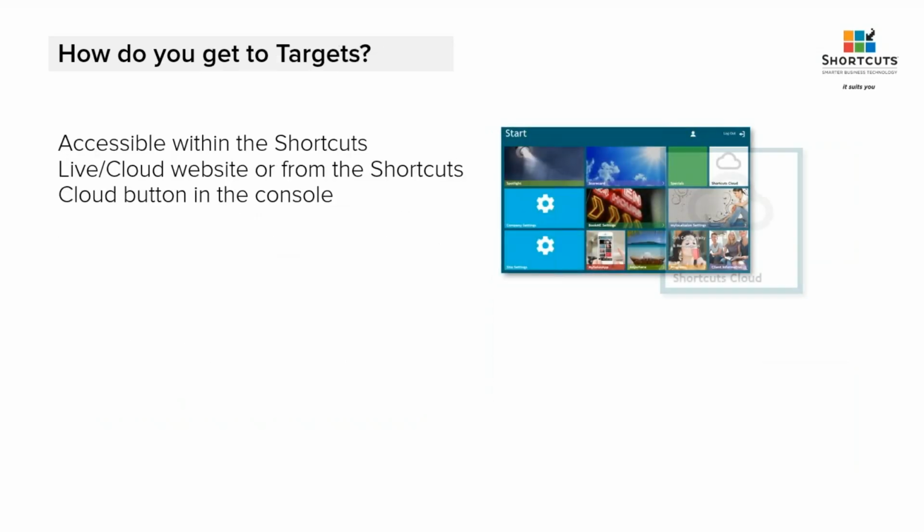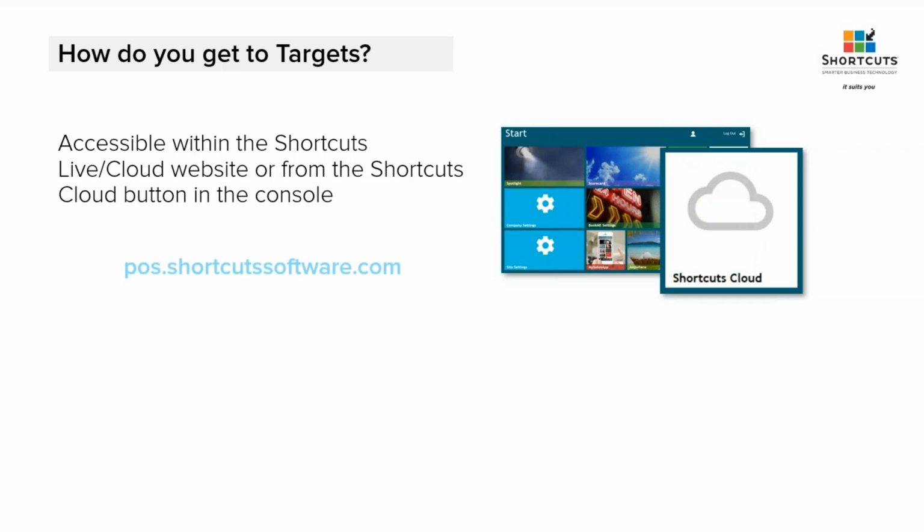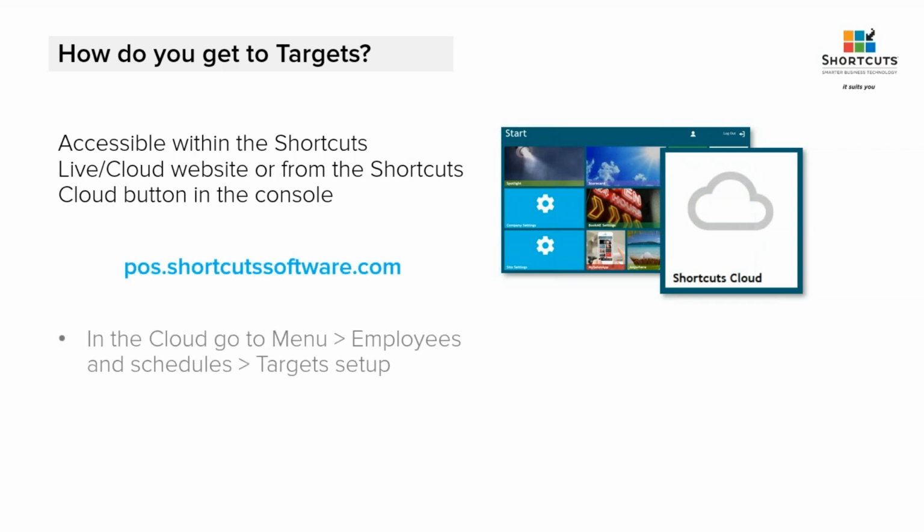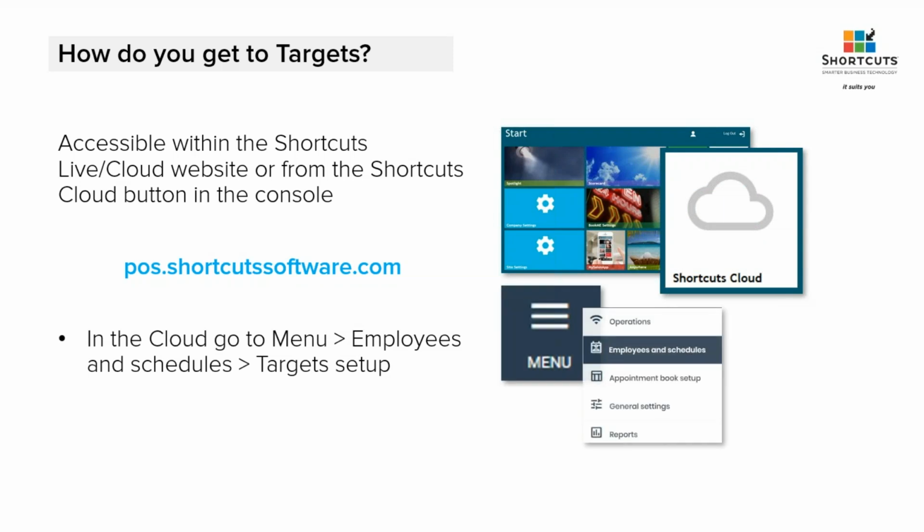So once you understand your key performance indicators, how do you get to targets? How do you set those targets? So you're still in the console, and from the main console page, you're actually going to go to the Shortcuts Cloud button. Now, you don't have to log into the console necessarily to get to the cloud. You might just want to bookmark this page on your computer, or if you have your phone or tablet, you're going to go to pointofsale.shortcutsoftware.com.